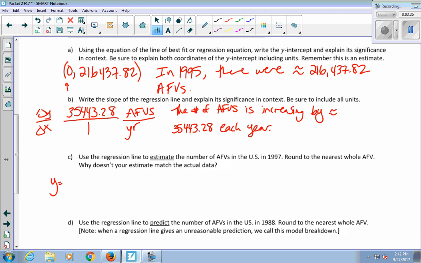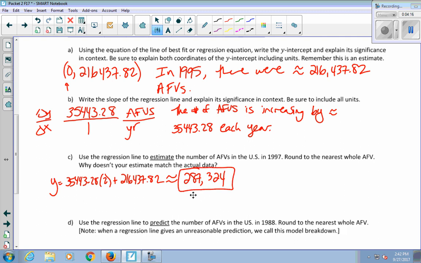So I have y is 35443.28 times 2 plus 216,437.82, and I'm supposed to round this to the nearest whole number. I get 287,324.